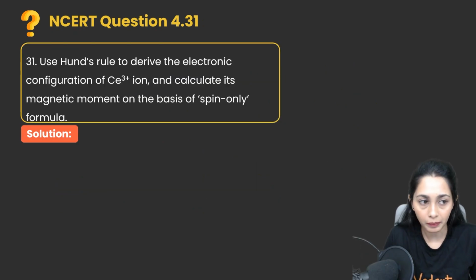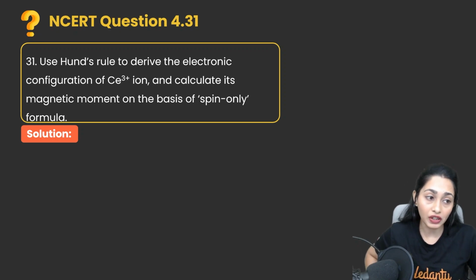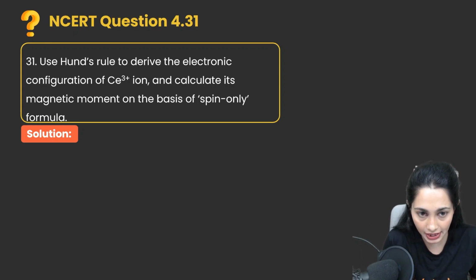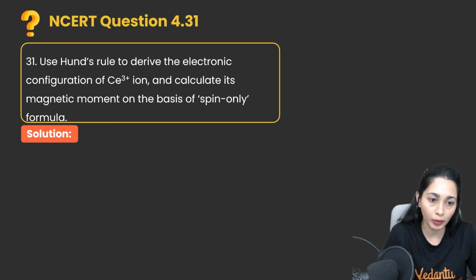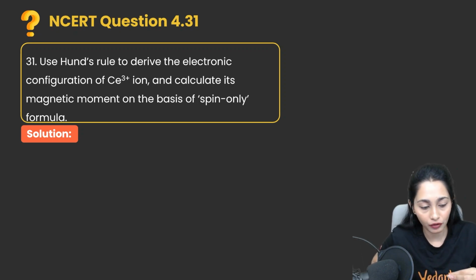Question number 31. Use Hund's rule to derive the electronic configuration of cerium 3+ ion and calculate its magnetic moment. We know the formula for magnetic moment. We have to calculate the value on the basis of the spin only formula.